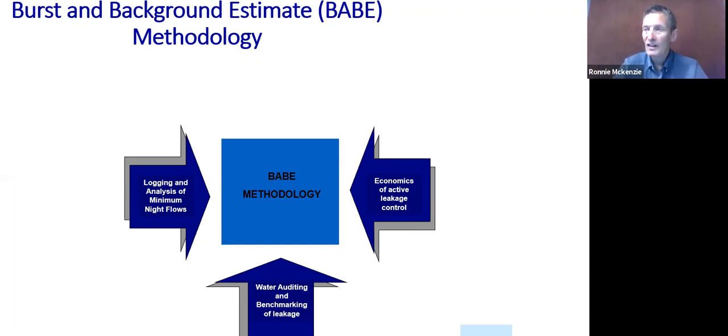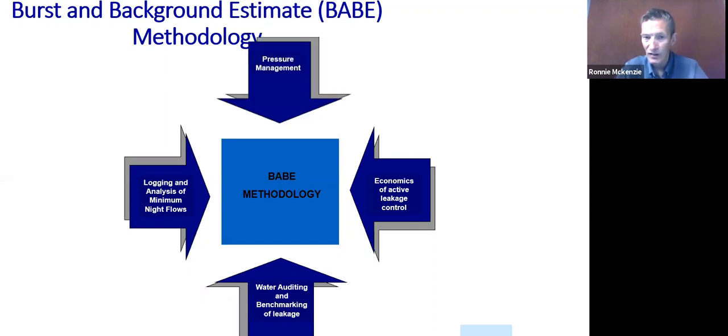Sometimes it's termed economic level of leakage, but in my experience, we're looking specifically at how often to send a team in to carry out active leakage control, which means to look for leaks which have not been reported. So we consider it the economics of active leakage control.